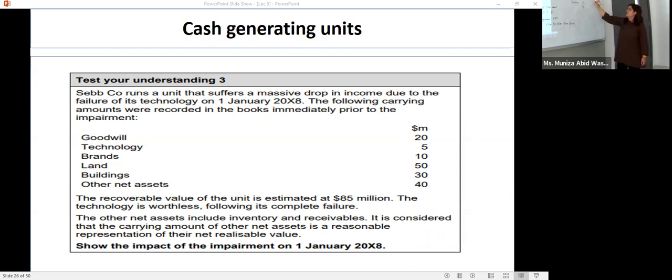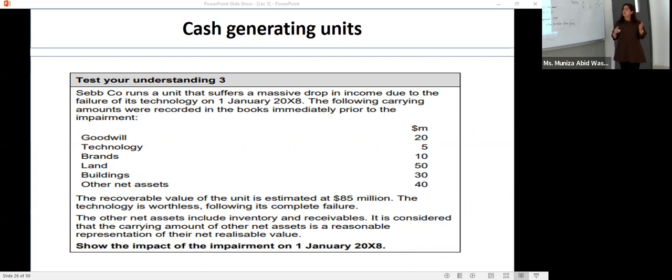Okay, then the next one, land. 45 divided by 90 multiplied by 50. How much is it? 25. Then buildings, 45 divided by 90 multiplied by 30. 15. So it will be total of 45 million, which is being settled.